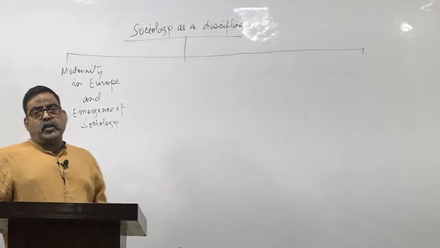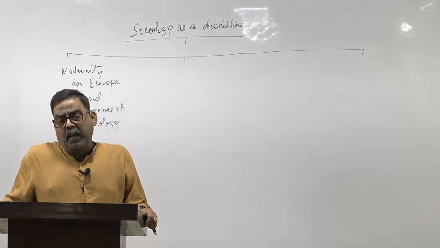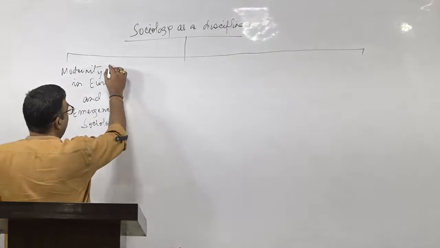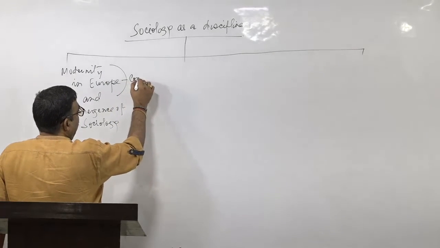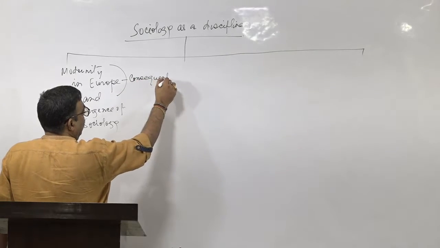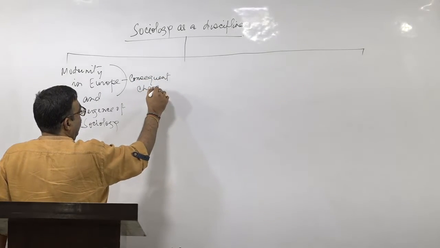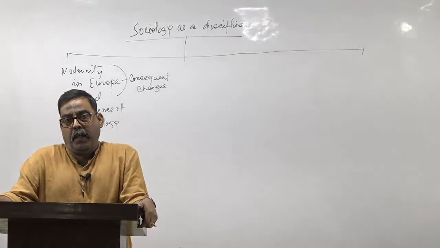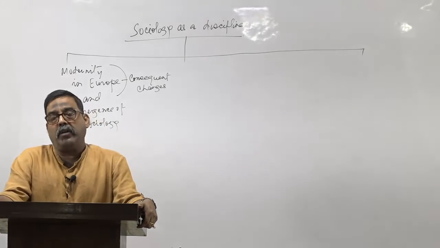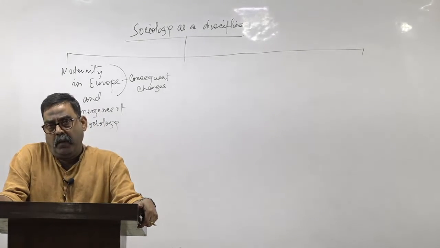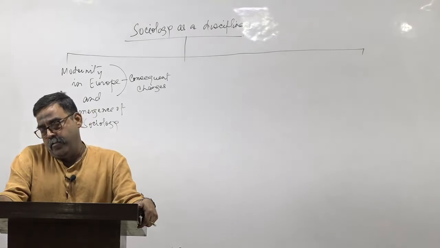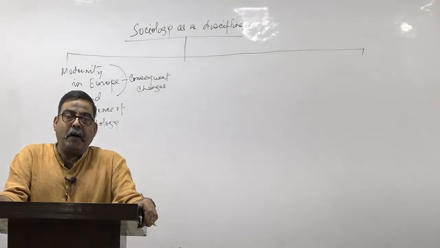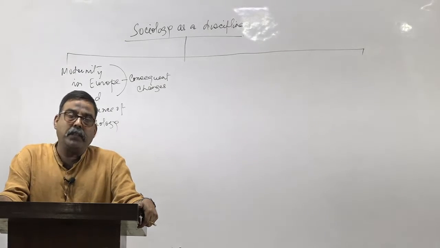Now when you look at the syllabus, modernity in Europe, emergence of sociology, our basic concern is all those consequent changes which Western Europe witnessed, having a transition from pre-modern to modern. And in this light, how sociology is a discipline that found its genesis, that found its need, that is our concern.